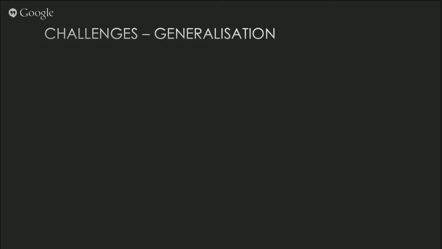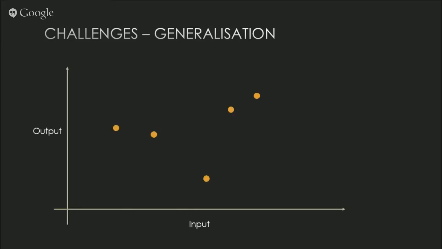The other form of challenges that you're going to run into, and these are probably where many scientists and mathematicians are spending their time trying to improve, is generalization. So let's say you have a whole bunch of data points, and you want to create a model that best describes those data points. It might be that you come up with this really nice graph that almost goes through all of those points, and you might look at this and go, "Oh, great! I've really created a great predictive model."